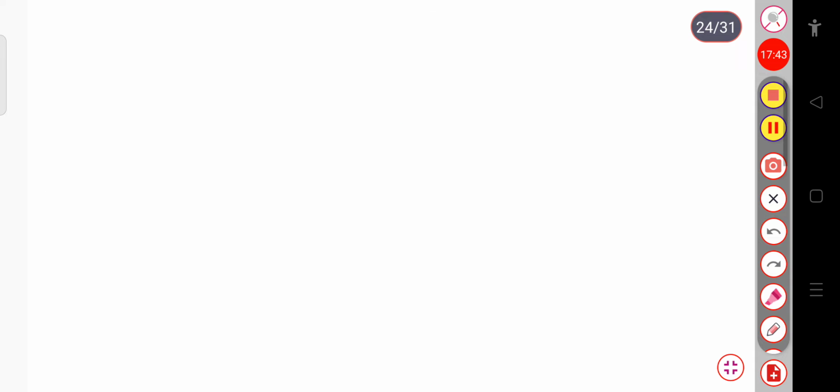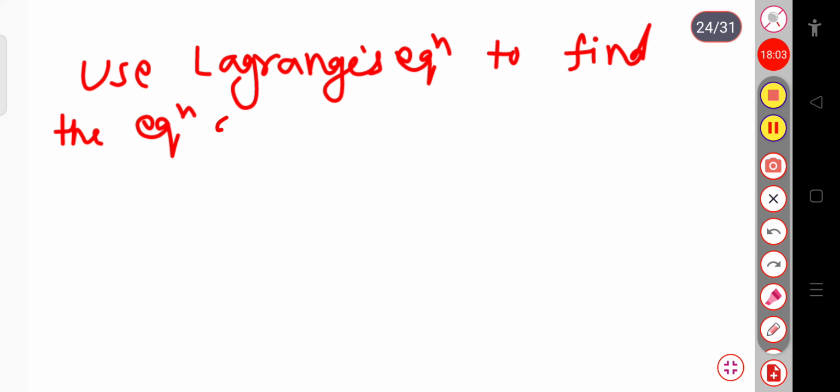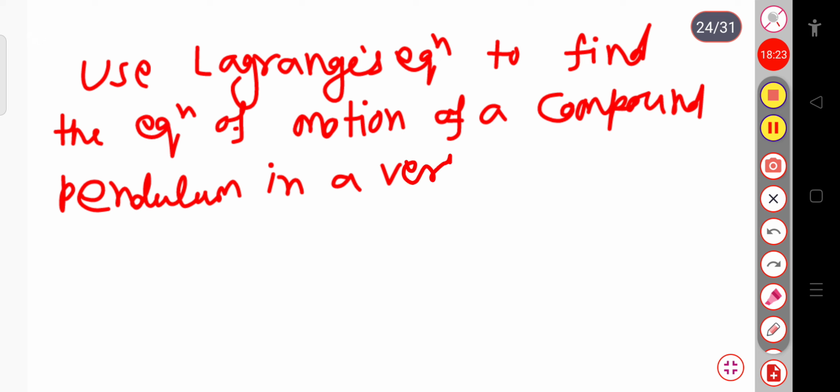So the question that will be asked is: use Lagrange's equation to find the equation of motion of a compound pendulum in a vertical plane about a fixed horizontal axis.